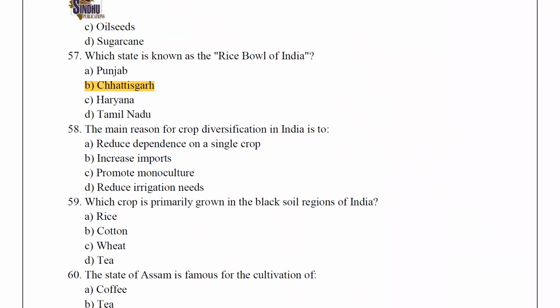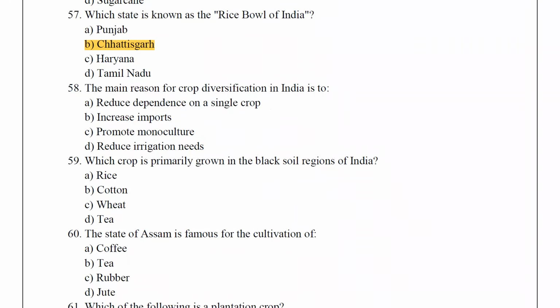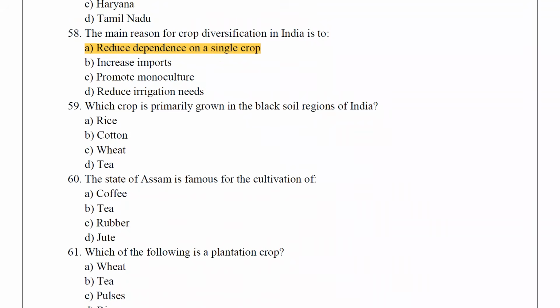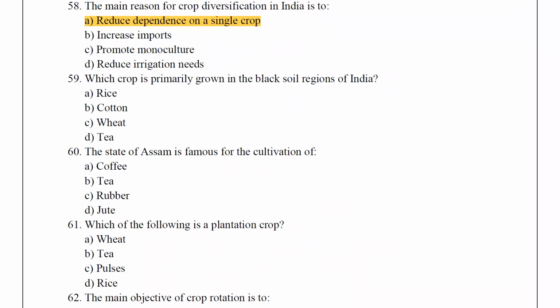The main reason for crop diversification in India is to reduce the dependence on a single crop. Which crop is primarily grown in the black soil regions of India? Cotton.